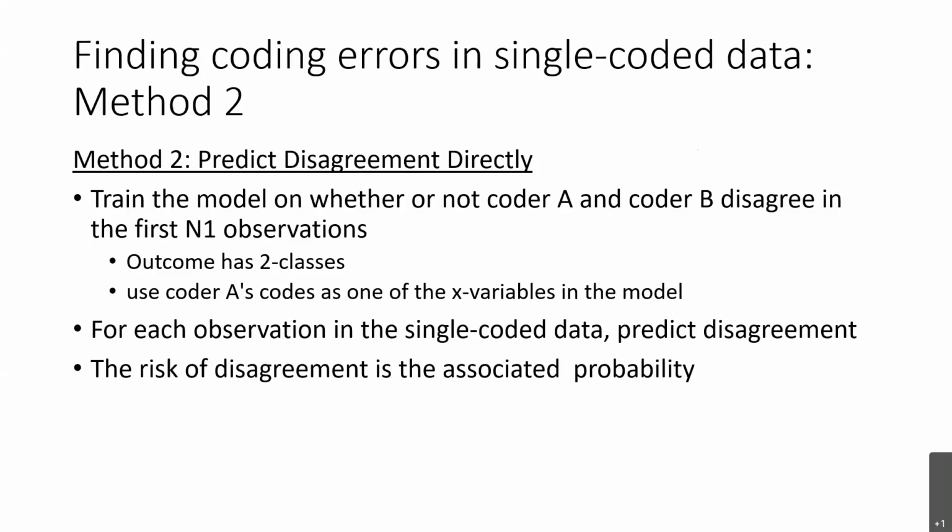So we have a binary outcome, disagree or don't disagree, and then we predict the binary outcome on the remaining single-coded data. Yeah, and so it's not quite clear which of these two methods is going to be better. And let's see, we have some results.